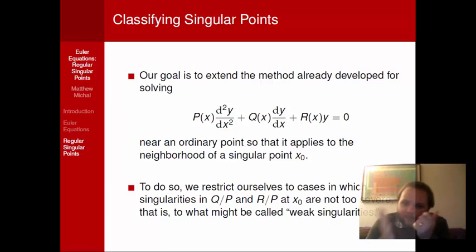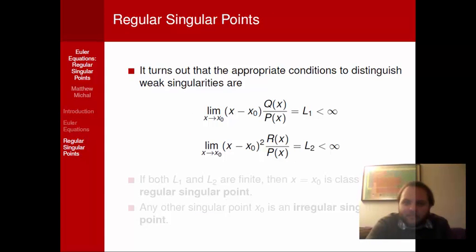So we divide by p of x. We know the singularity occurs at those x naught values because p of x naught is equal to 0. But if it's not too bad, if it doesn't go to infinity too quickly, i.e. limits, we might be able to salvage some using what's known as the method of Frobenius.